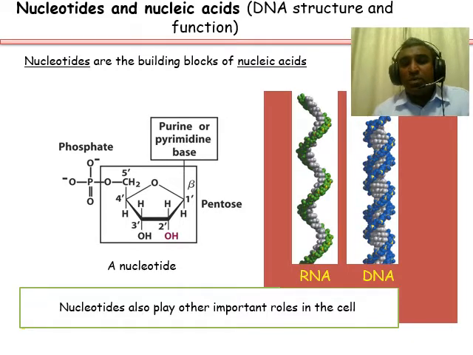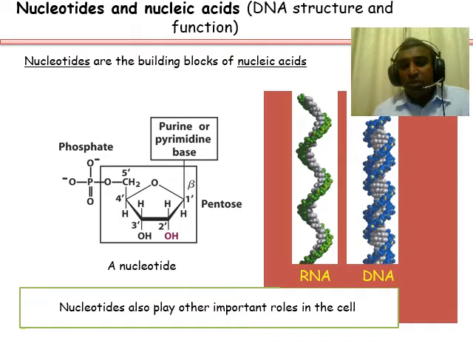The bases for RNA could be A, U, G, C: adenine, uracil, guanine, and then cytosine.